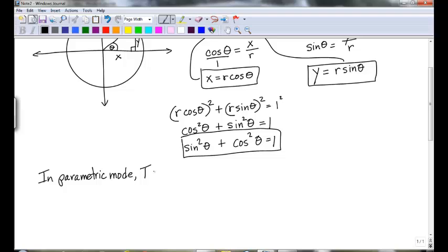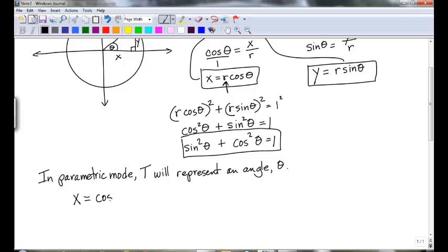Well, now the t is going to represent an angle, theta.